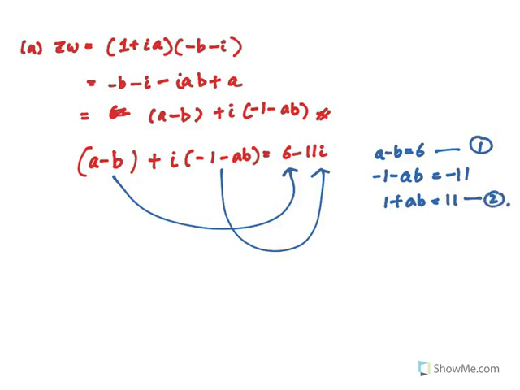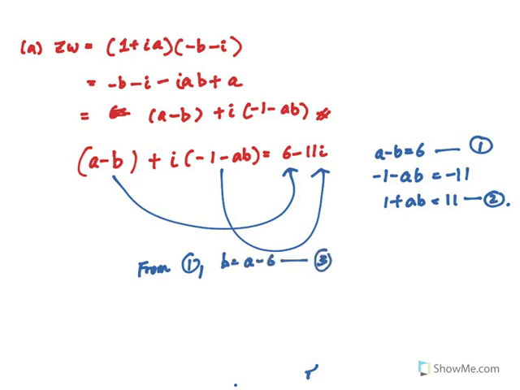Next, we do substitution. From equation 1, B equals A minus 6.